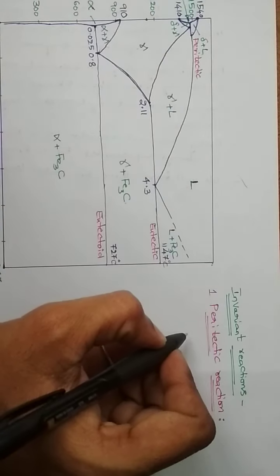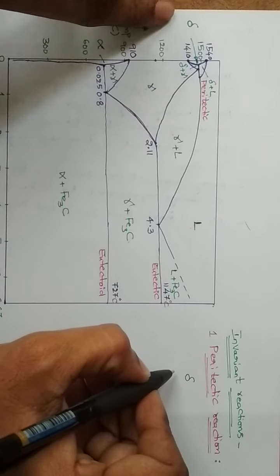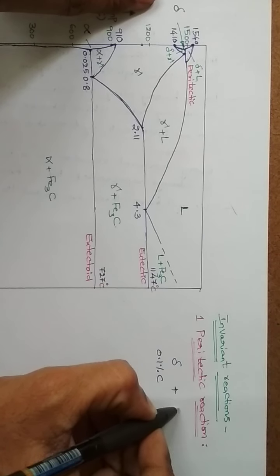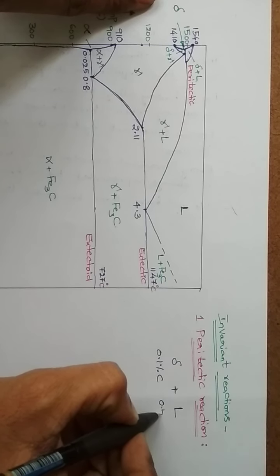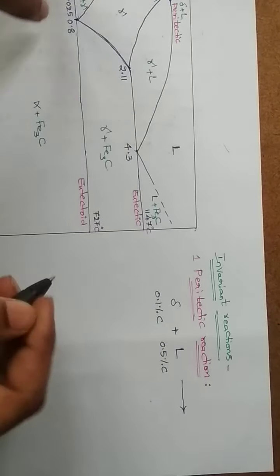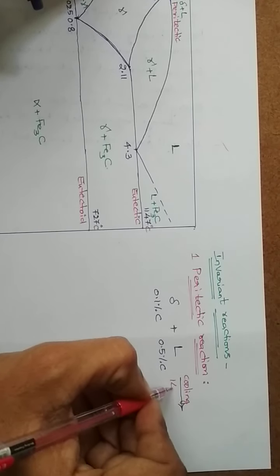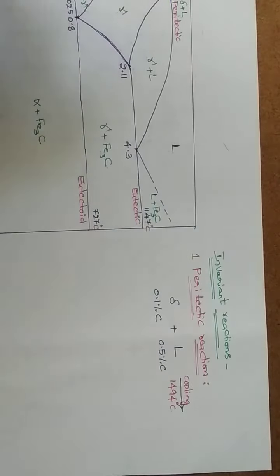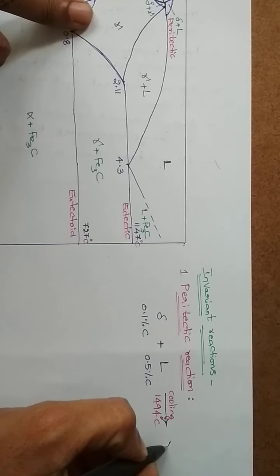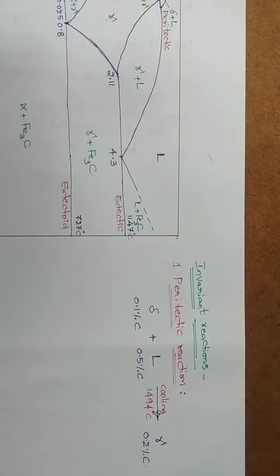So delta containing 0.1% carbon reacts with liquid containing 0.5% carbon. So on cooling at 1494 degrees centigrade, it is transforming to gamma iron. So this contains 0.2% carbon.